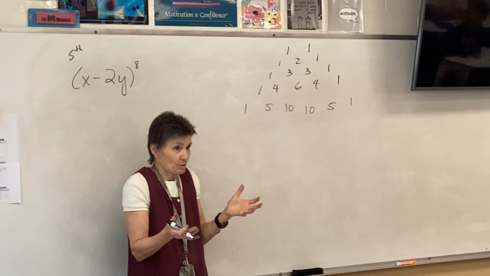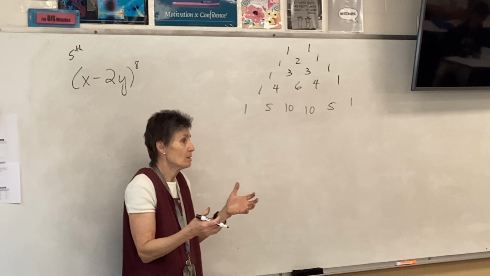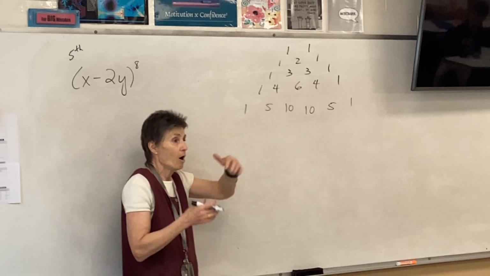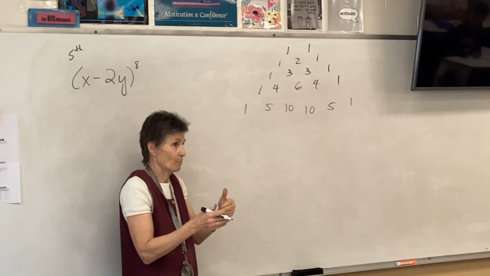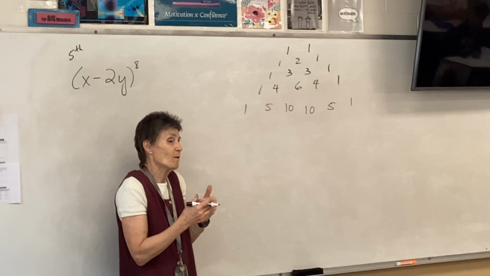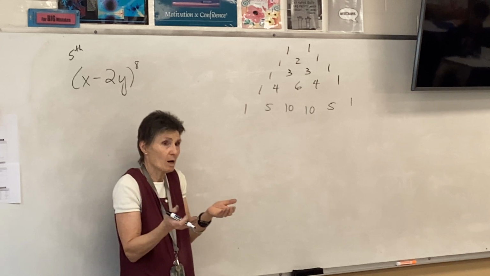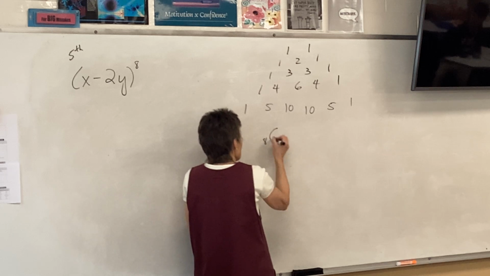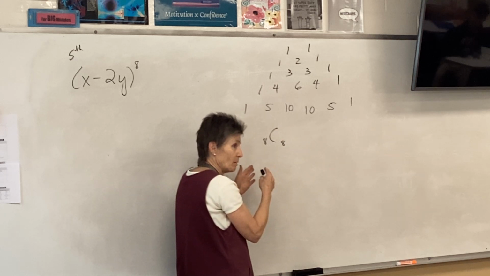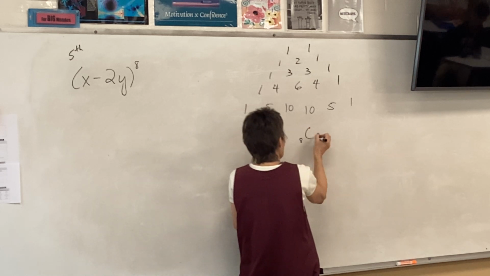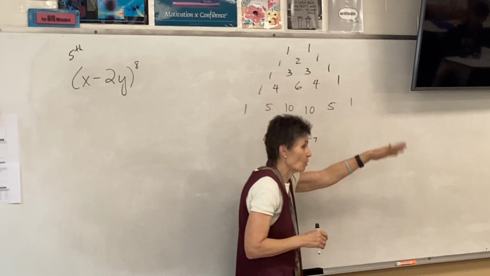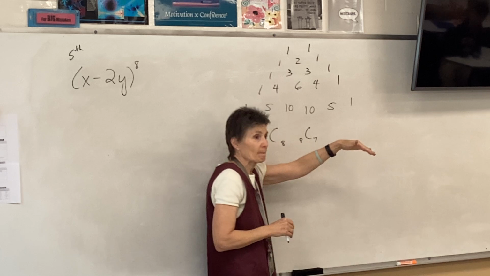The other option is to remember that the numbers in Pascal's triangle are the combination numbers for that row. So if I want the 8th row, the 8th row will be 8C8, that will be the first number. The second number will be 8C7, and then 8C6, and so on, just keeps counting down.